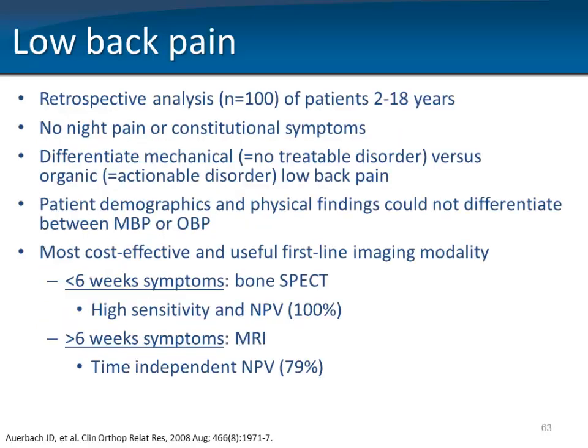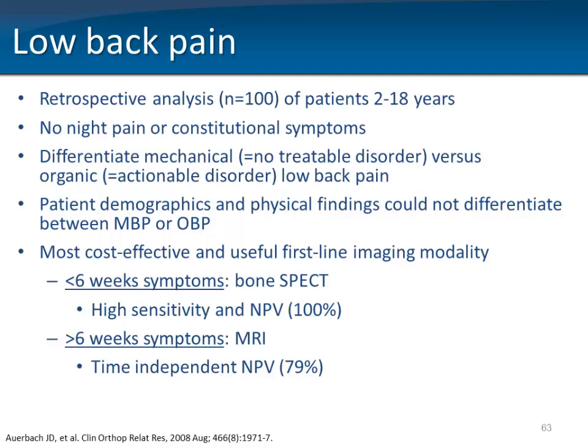And even in children who do not exercise or do not do high-level sporting, low back pain is common. And this was a particularly interesting paper of some time ago. It was a retrospective analysis of patients between the ages of 2 and 18 years. The exclusion criteria were night pain or constitutional symptoms, to rule out those with probably more serious disease.